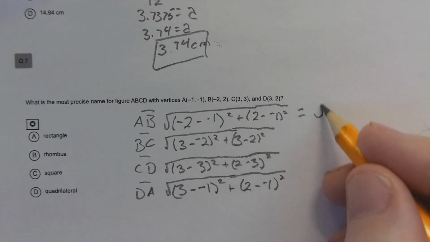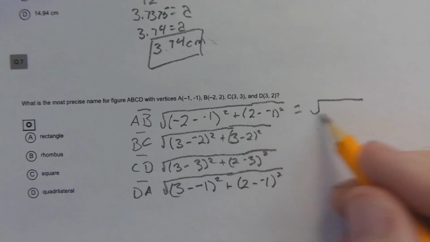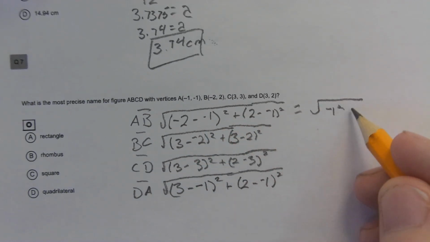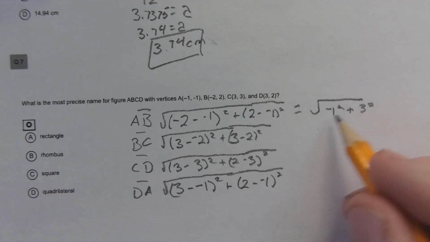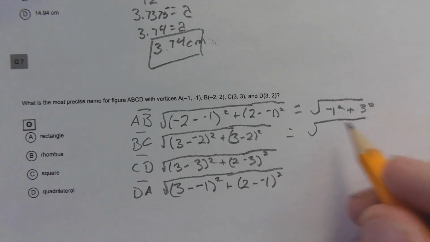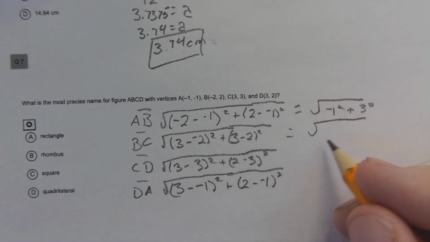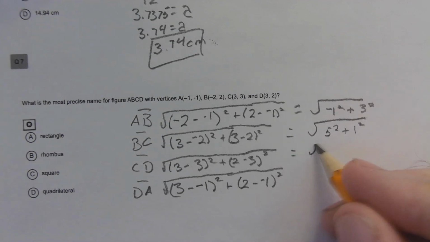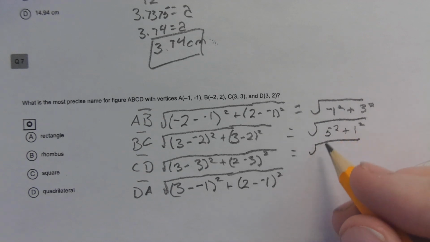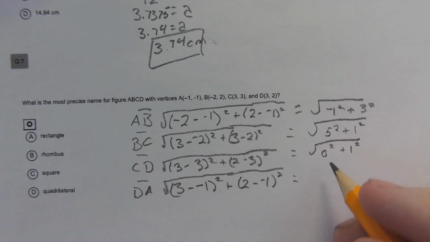And so we get -2 minus -1, so that's +1, so that's -1 squared, plus 3 squared, and then we get 5 squared plus 1 squared, and then 0 squared plus 1 squared, and then 4 squared plus 3 squared.